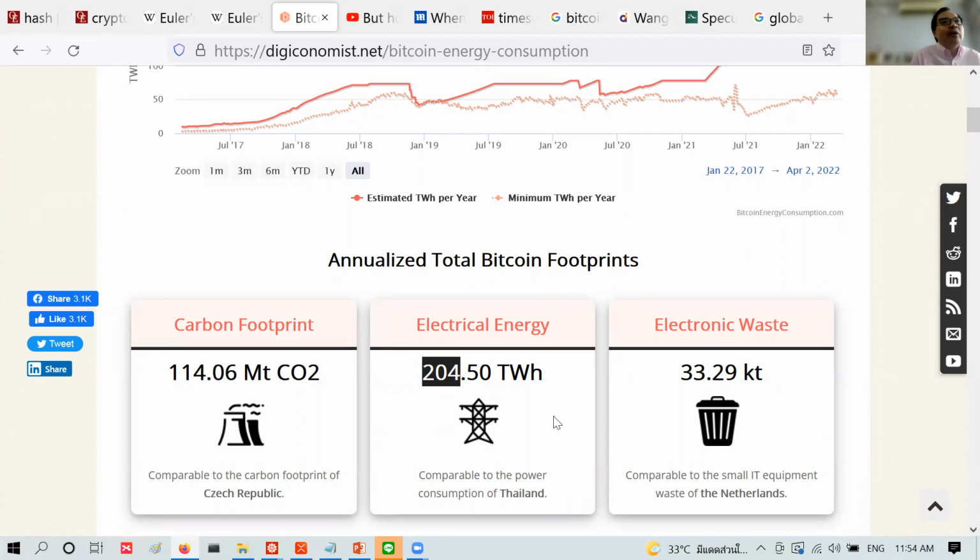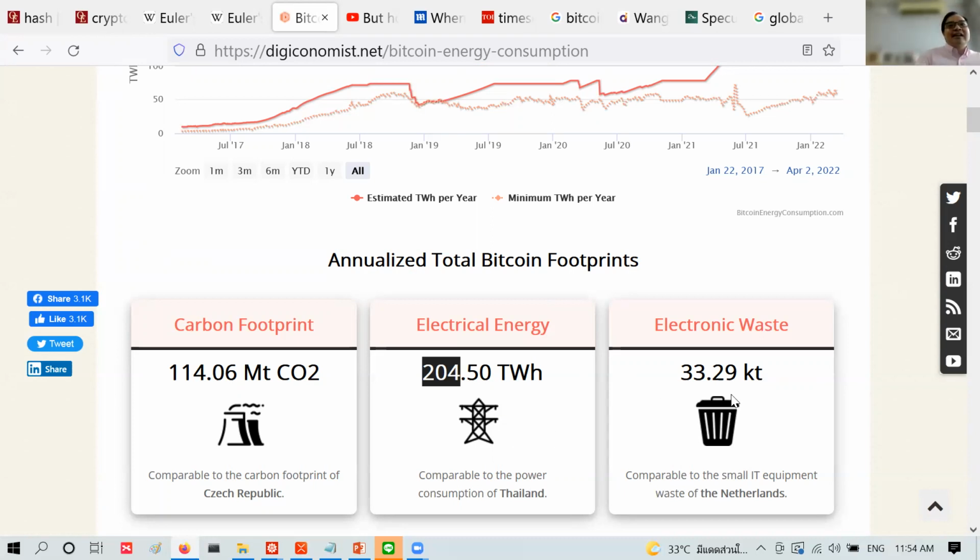Not even first-hand Rolexes, I think, right? So you're spending about Thailand's worth of energy just to make something that people speculate on. That's really sad.